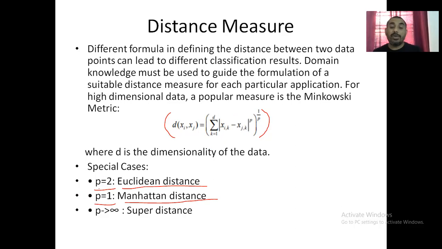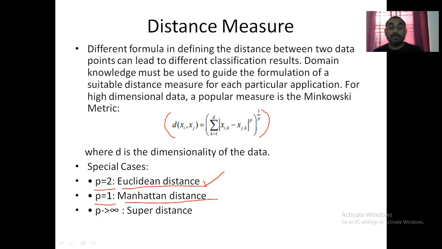When the value of p is equal to 2, we can say this is the Euclidean distance. When we talk about p equal to 1, that is the Manhattan distance.